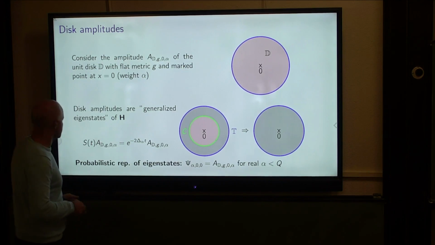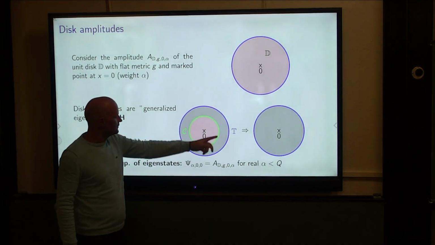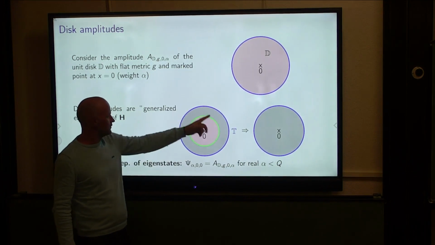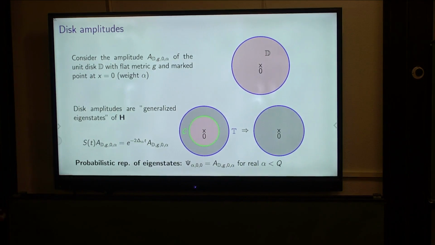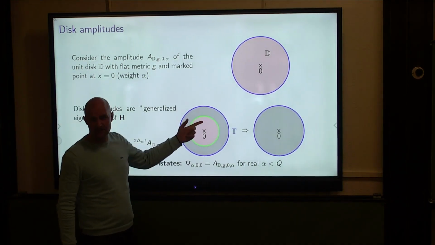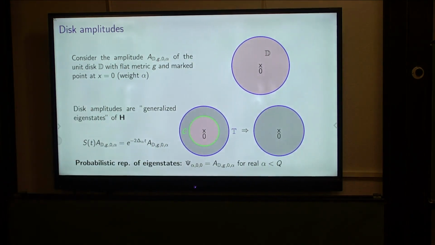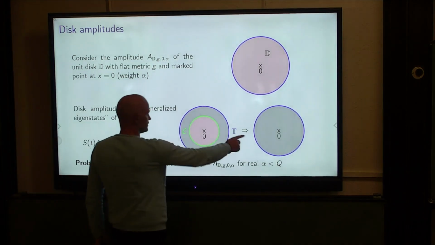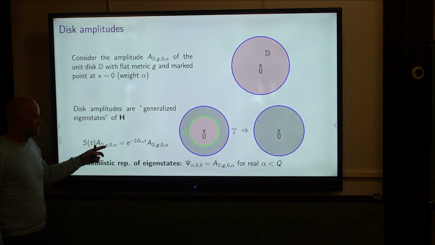Okay. So now recall that the propagator, the semigroup of dilation that we have, is given by the amplitude of the annuli. Okay? And what happens when you glue a disk inside an annulus? You still get a disk, right? So basically, you can use Segal to see that the amplitude of a disk is an eigenstate of the Hamiltonian.